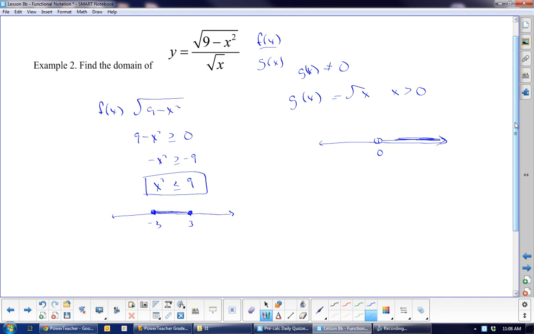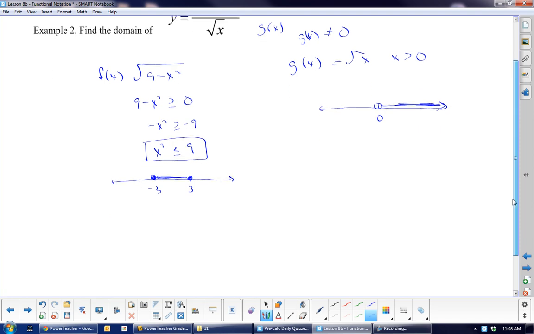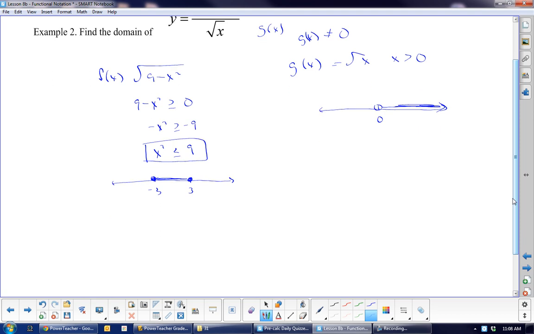Now, the domain is the intersection of them. Okay, so to do this, the first one is negative 3 and 3. It's right there. Okay, the domain of g of x is 0 and greater.